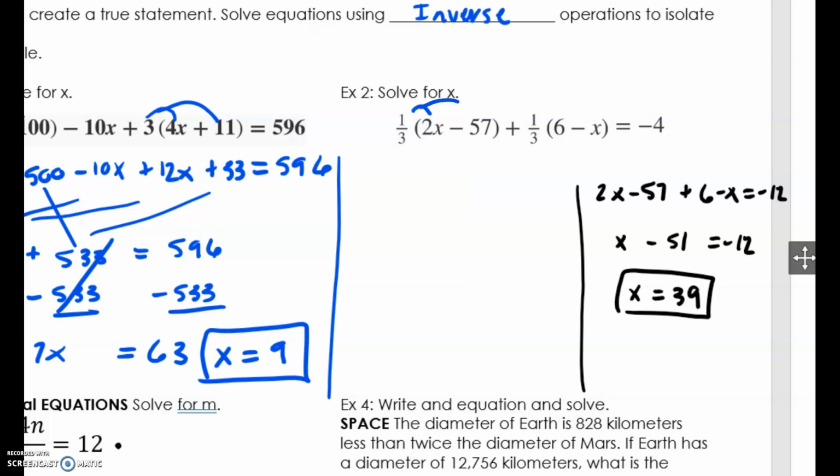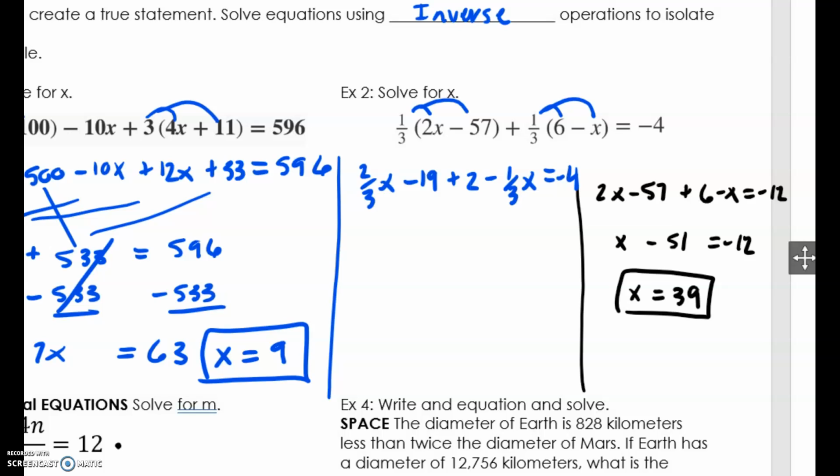So if I distribute the 1/3, I get 2/3 x minus 19 plus 2 minus, now I'm distributing this 1/3, so plus 2 minus 1/3 x equals -4. So all I did in that step was distribute.